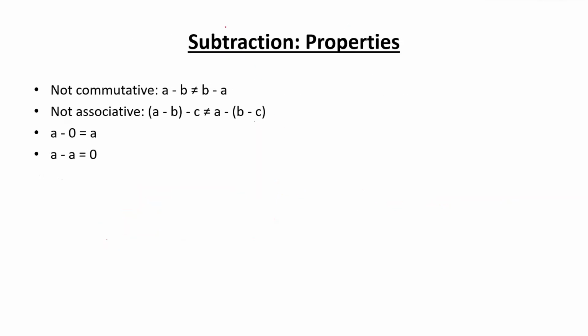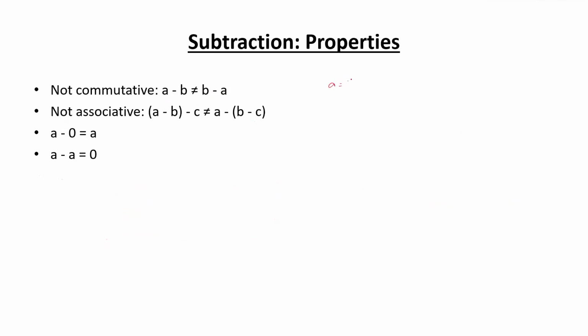Okay. Now properties. What are the properties of subtraction? You know that a plus b is equal to b plus a. But with subtraction, that is not true. As you can see, it is written a minus b is not equal to b minus a. Let's see how. What does it mean?